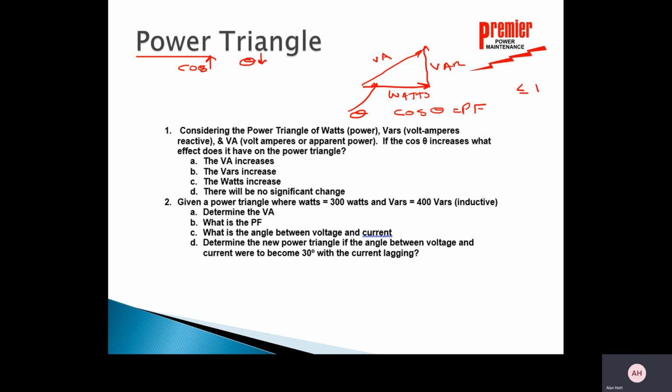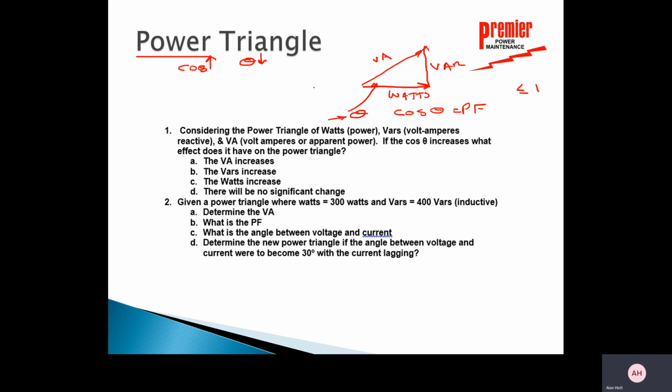Okay? So if I look at my calculator, I understand that the cosine of 0 degrees is 1, and the cosine of 90 degrees is 0. So as the cosine increases, this angle theta gets smaller and smaller and smaller.